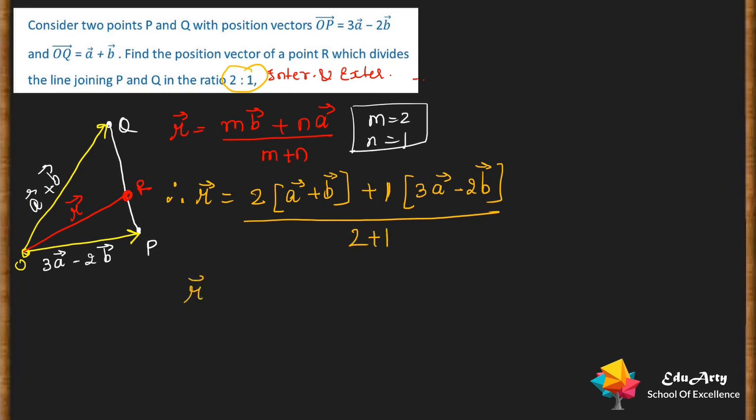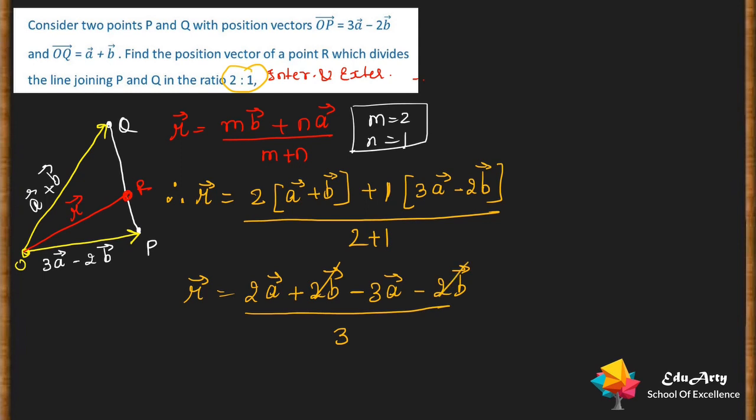R vector is equal to 2A vector plus 2B vector minus 3A vector minus 2B vector, sorry, yes, divided by 3. That means this and this will cancel. Correct. And we will have what?